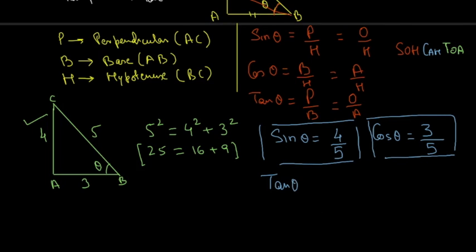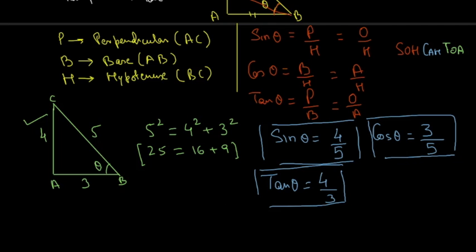Come on, what is tan theta? Tan theta is perpendicular over base. Perpendicular is 4 and base is 3. So this is the tangent of theta.